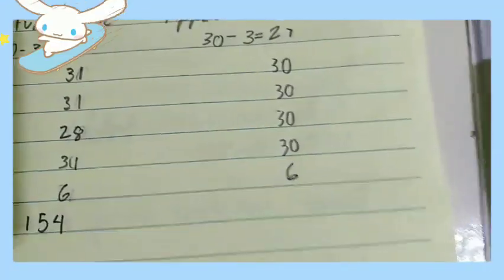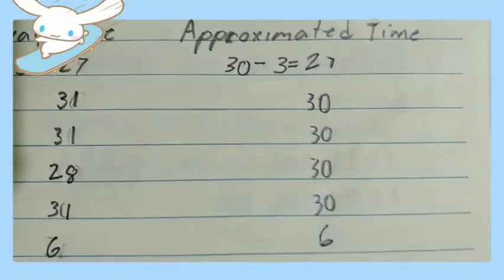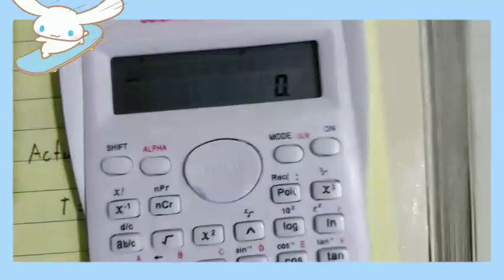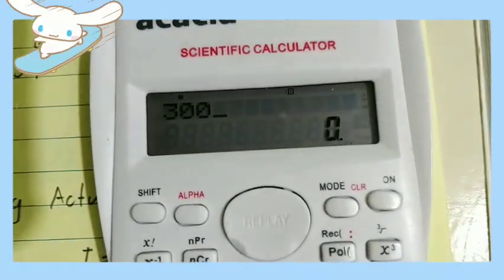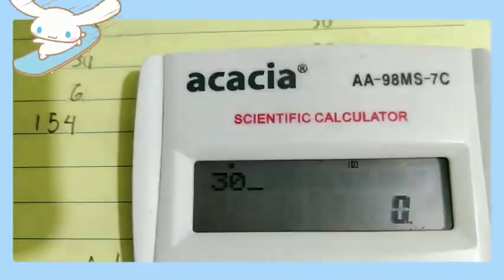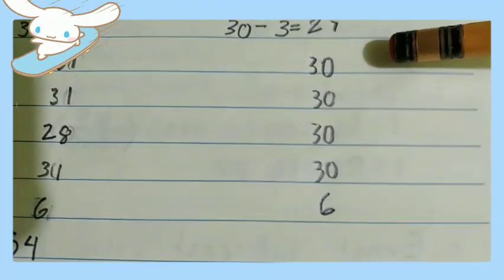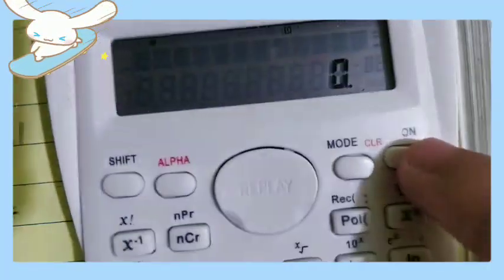While here it's always 30 because we're using approximated time. So what I do here is 30 times 4. It's not usually 30 times 4. You have to count the number of 30s in this calendar. 1, 2, 3, 4. So 30 times 4.